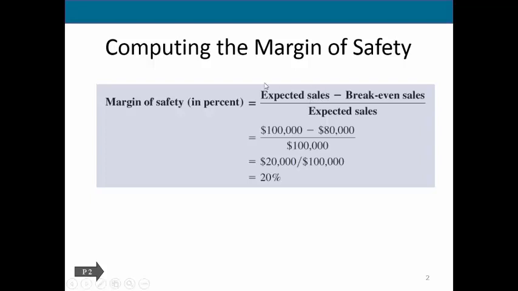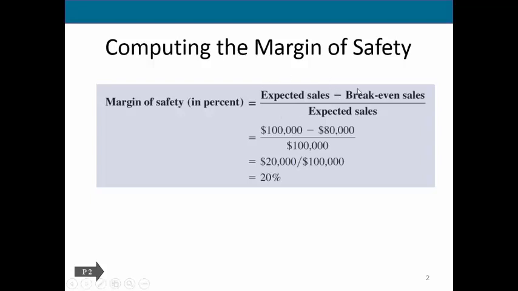So as long as our sales fall somewhere in between our expected sales or 20% less than our expected sales, we're still going to be within that safety net, meaning we may not make as much money as we expected, but at least we won't be losing money. Now, if our sales drop 25%, we have then dropped below the margin of safety, and therefore we would be in the loss zone. Now, margin of safety is only talking about if sales decrease. If sales increase beyond the expected sales, we're going to be increasing our profit.